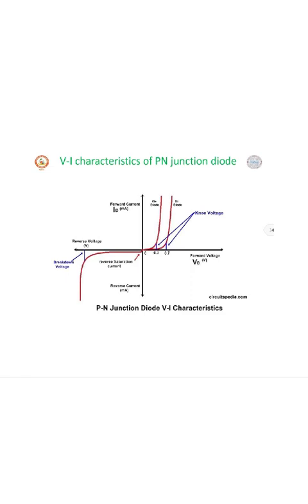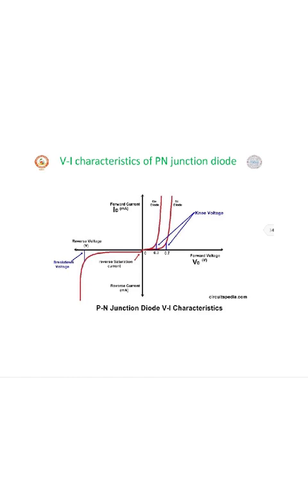Second point, at VF equal to 0, when the forward voltage is 0, the diode does not conduct, hence there is no forward current. Third point, with a gradual increase in forward voltage, the forward current IF will also increase.